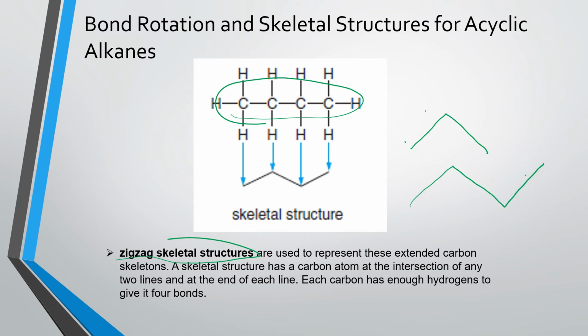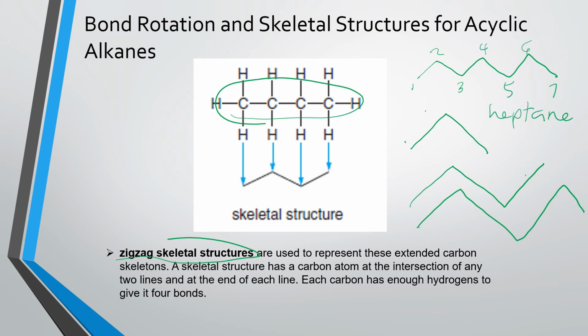Paano pag lima? 1, 2, 3, 4, 5. Yan, siyempre, pag nag-drawing tayo, mas maayos. 1, 2, 3, 4, 5, 6, 7. So this is heptane. Diba? This is line structure.